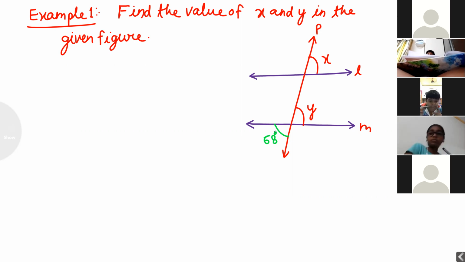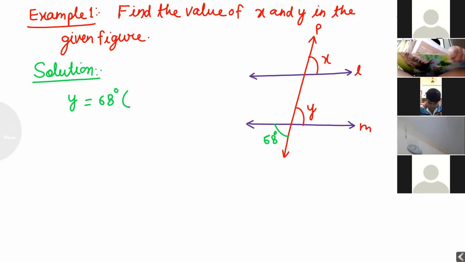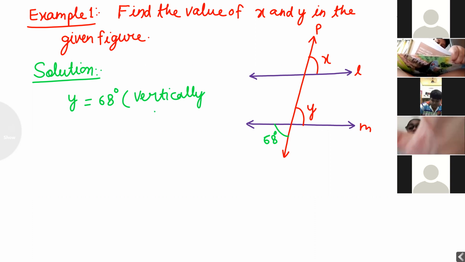Note down the solution. Y is equal to 68 degrees, because Y is a vertically opposite angle.